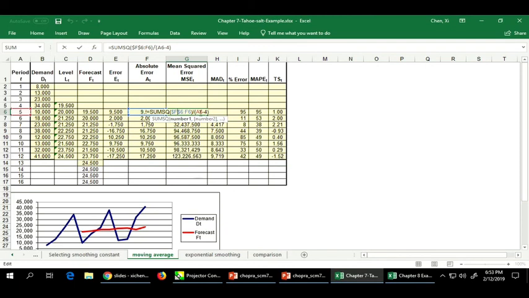So 5 minus 6, because right now we only have one forecast. And then the last one is the total mean squared error of all the forecasts. So you can see we're summing the square of all these error terms divided by 12 minus 4.